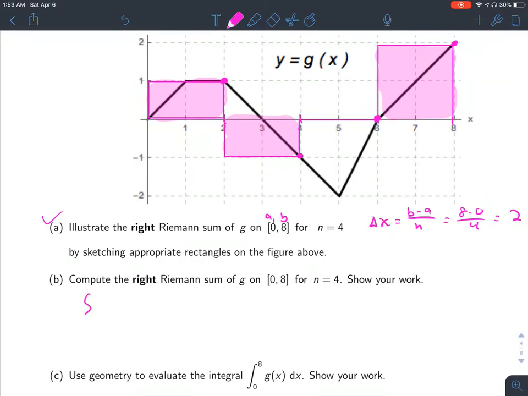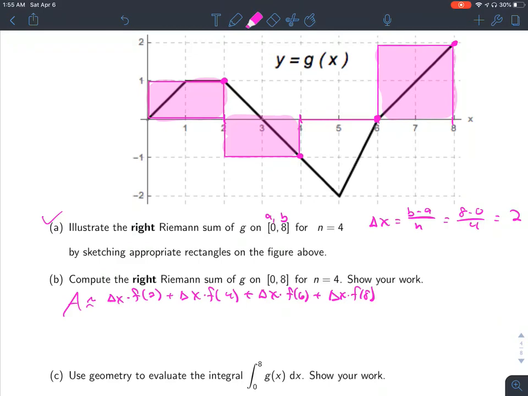So the area is about, we're going to take delta x times f of 2 plus delta x times f of 4 plus delta x times f of 6 plus delta x times f of 8.